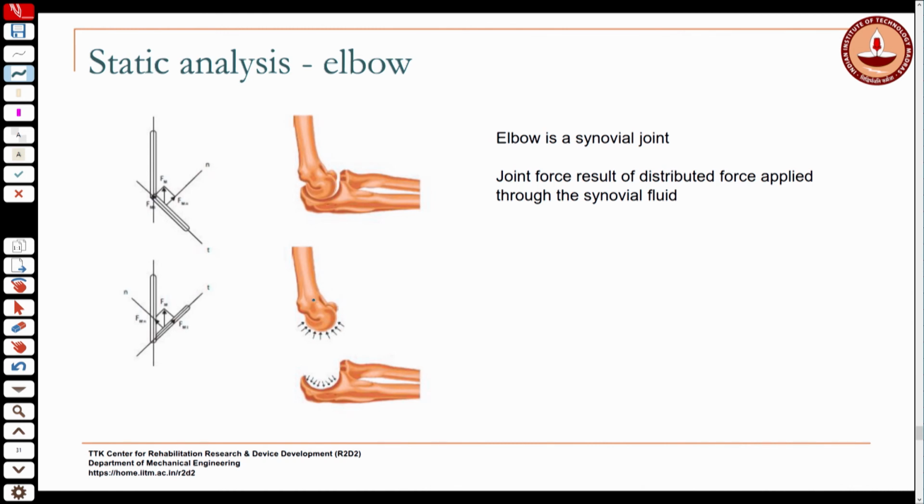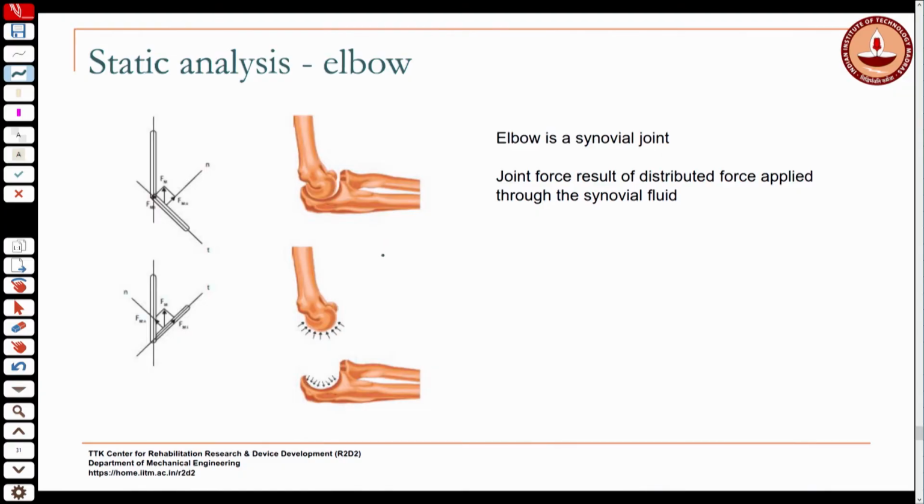In actuality, it will be a distributed force because of the synovial fluid present in between the two bones. It is not a point contact. Your Jy is actually the resultant of this distributed force at the joint contact.